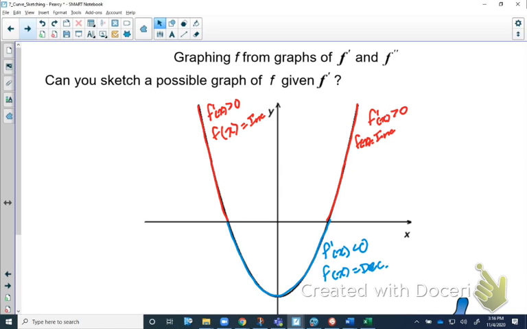The other thing that we identify here is that this point and this point, those are critical numbers that are going to indicate where I have a maximum or a minimum value. And the vertex of the parabola is going to represent the inflection point on the function.